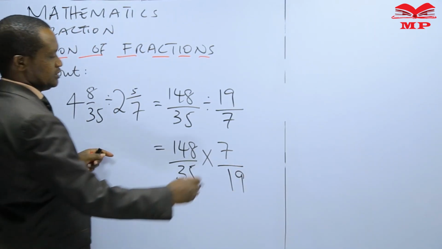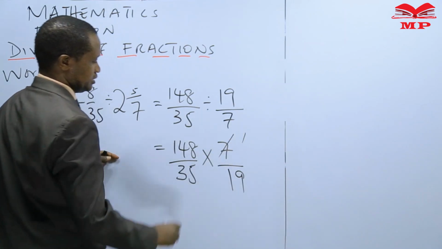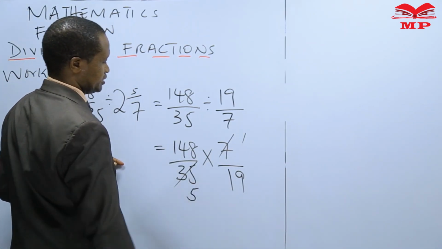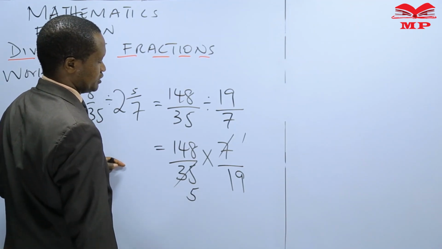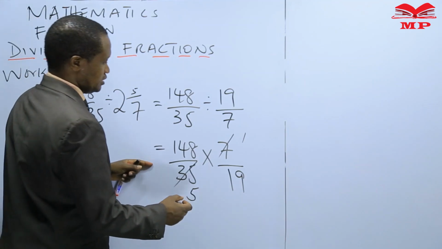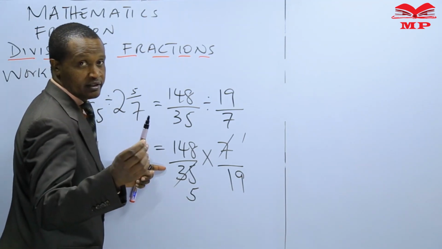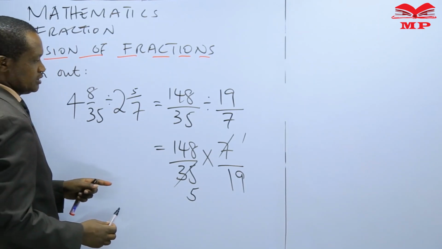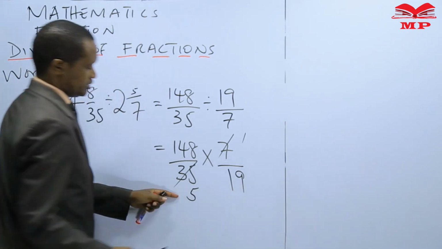7/19. 7 goes here once, 7 goes here 5 times. Then we multiply the numerators and the denominators.